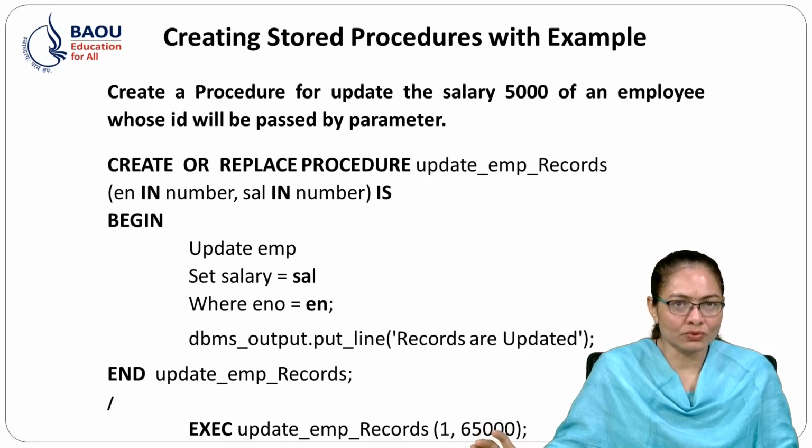The error is viewed using the SHOW ERRORS command. Like show errors, it will show the error with the line number and column also. But if you execute the procedure and it is correct and there is no error, then it will display procedure created. Finally, it will be stored in memory after compilation.